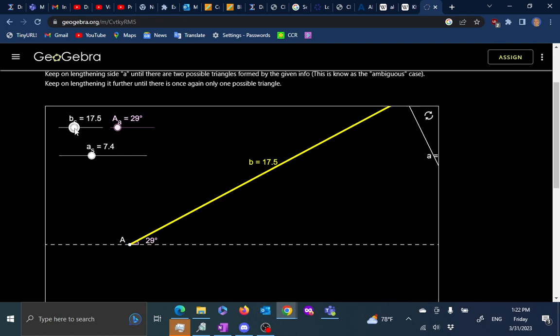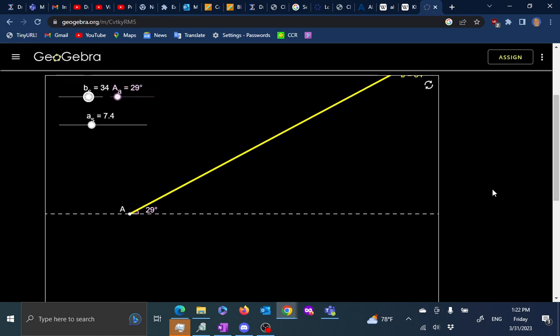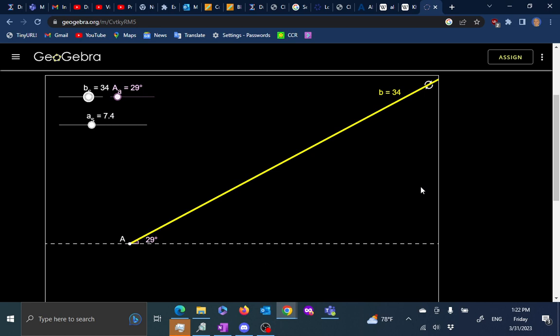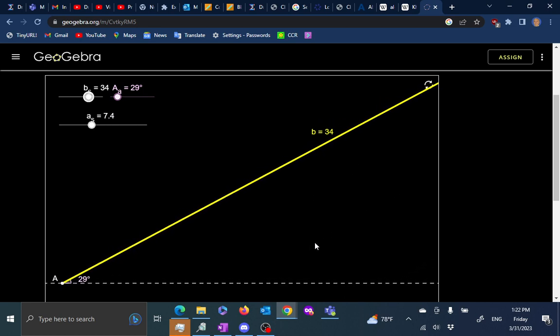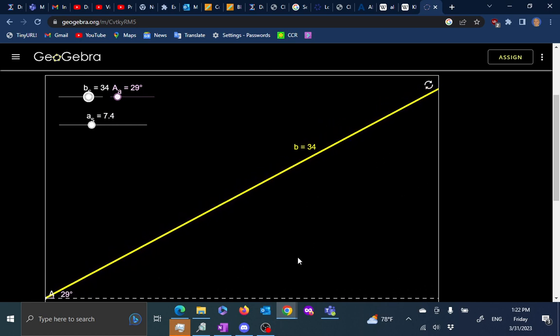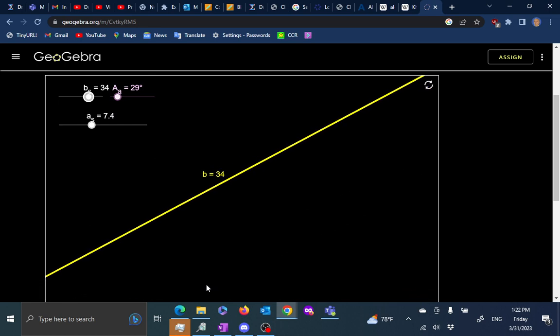So we are going to go 34 something. So does it fit? So we are arranging it like that.